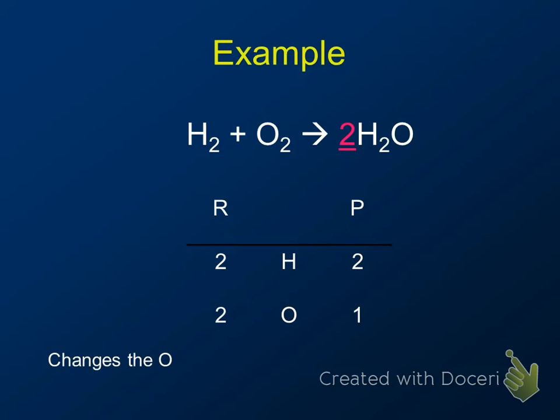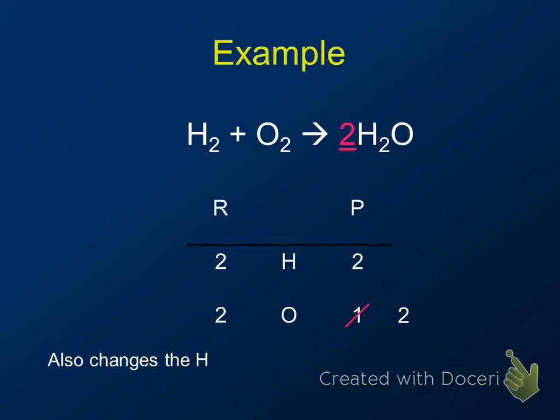Okay? I did that. So notice I have a 2 now as a coefficient in front of the molecule of H2O. So once you add a coefficient, you're going to recount because you just changed how many atoms you have on that product side. So let's do that. I call it the cross-out method. You do not want to erase when you're recounting because if you make a mistake, it is much harder to determine where you messed up if you've erased things. So just cross it out like this.